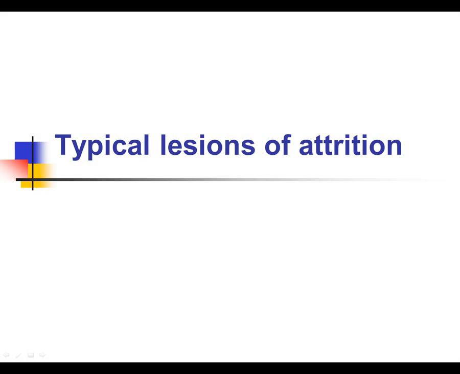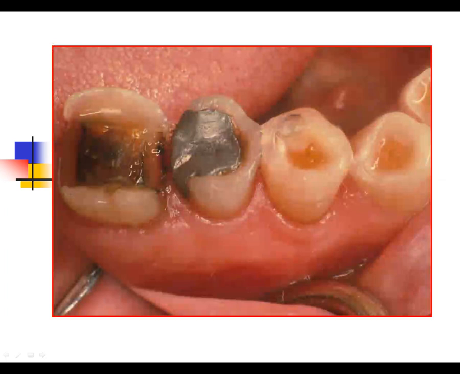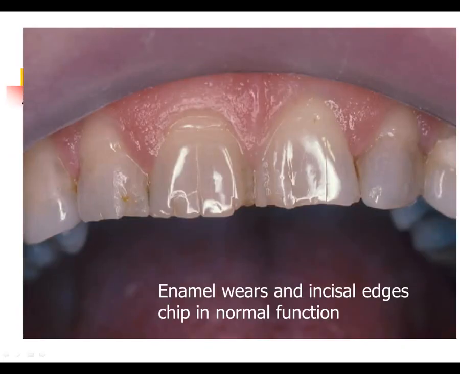So, what are the typical lesions of attrition? Well, for a very old patient, we may see significant attrition and wear, with loss of significant enamel leading to loss of dentin. Typically the enamel wears, and we see incisal edge chipping in normal function.